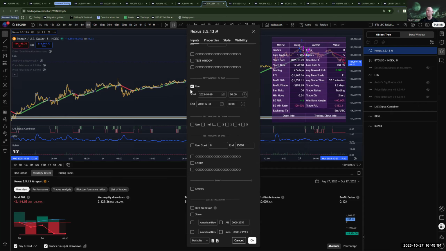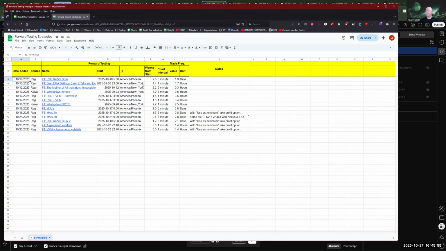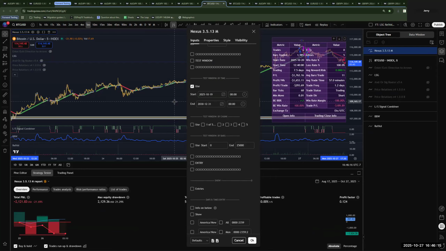And if I flip back to this sheet, you'll see we have a date here where we say this forward testing started. So you see all these different dates and times. Some we bothered to put a time on, some we didn't. So that exact date and time is going to be here. That's the start date and time.